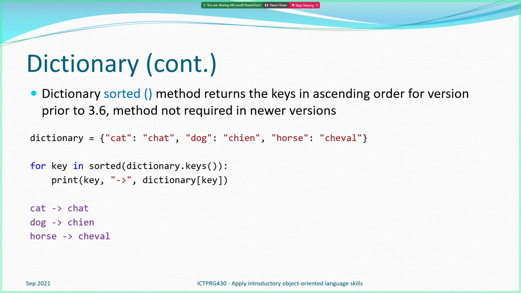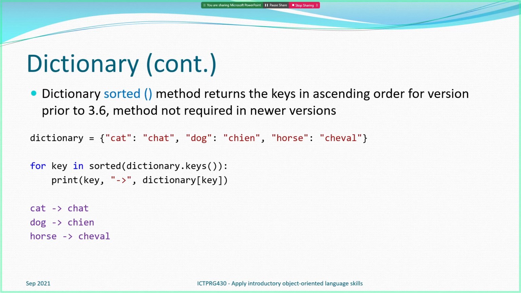A dictionary can get sorted, but again, newer versions of Python basically are going to store it in a pre-sorted order, whereas prior to 3.6 they weren't sorted.